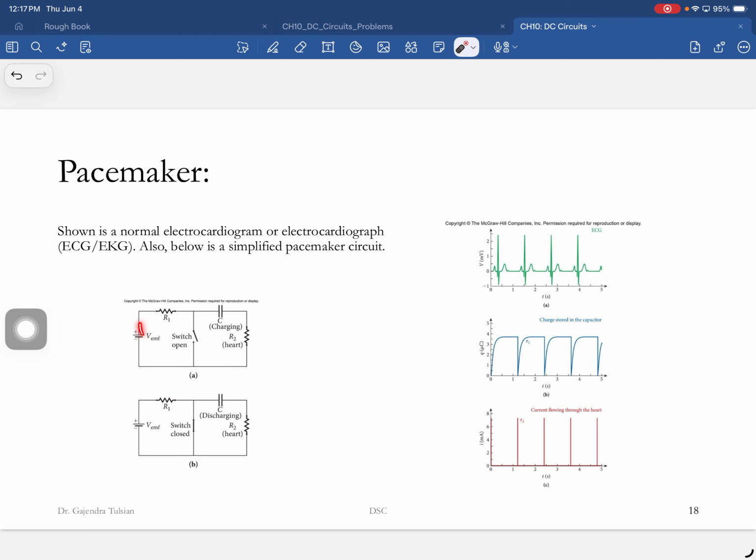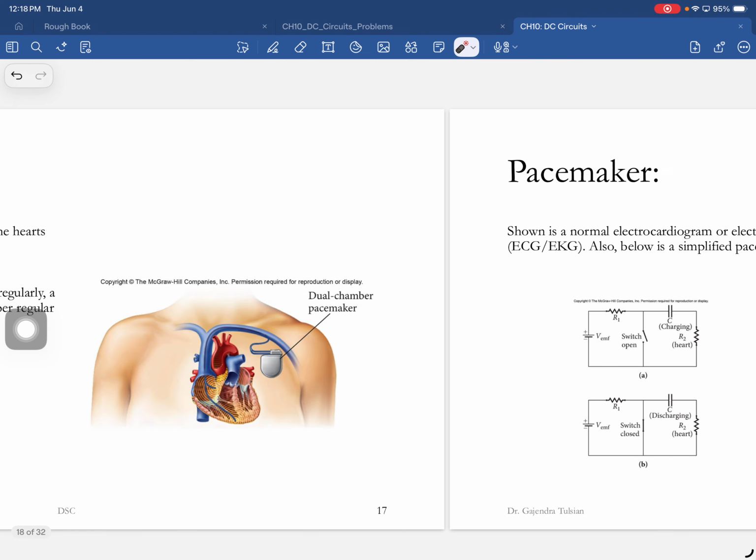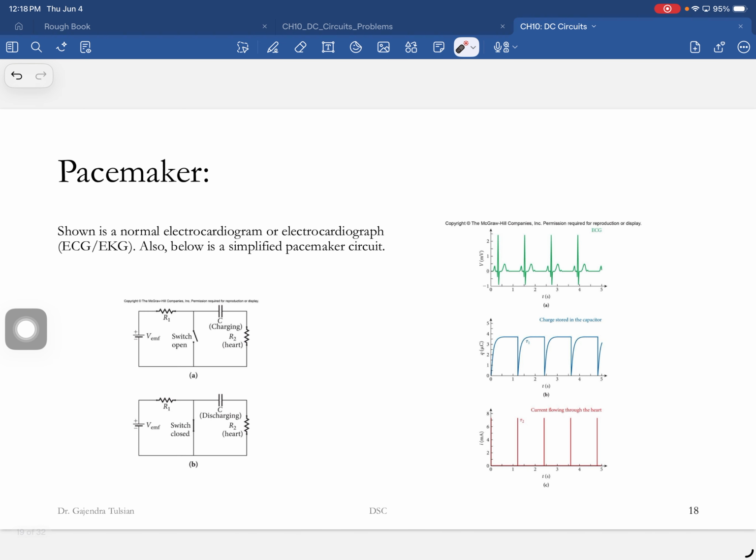But anyway, here's the battery through this resistance, and the heart is also a resistance. It charges the capacitor. Once the capacitor is charged, you have a timing device in that circuit that will close the switch, and the capacitor will discharge through the heart. This is driving a larger current. While it's charging, that current is small, which cannot trigger the heartbeat.